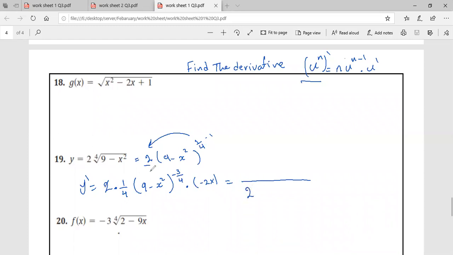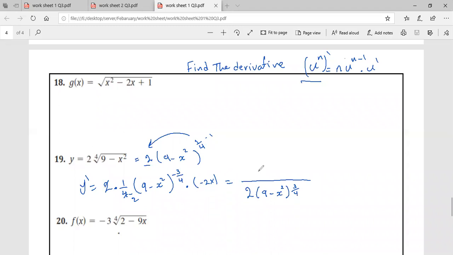The bracket which has a negative exponent, move it to the denominator, to power 3 over 4. Because multiplying any bracket with a negative power means I divide by it with a positive power. And here 2.